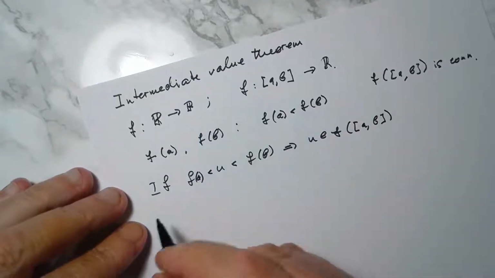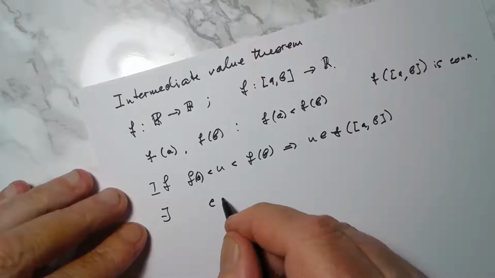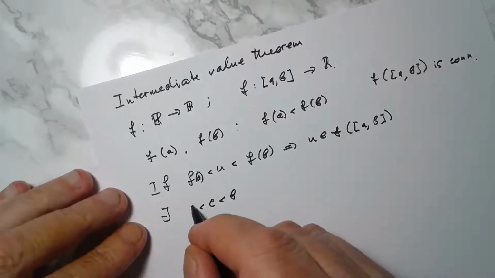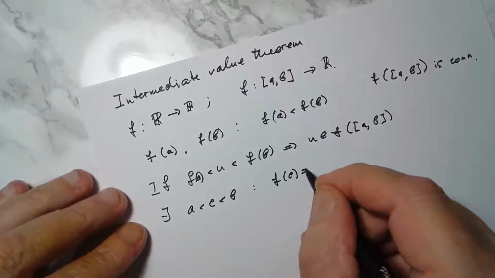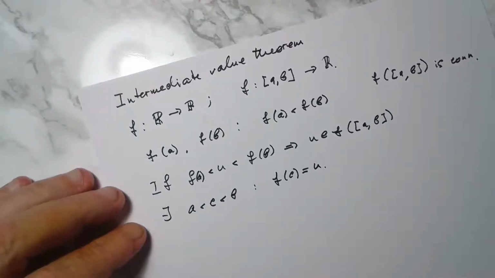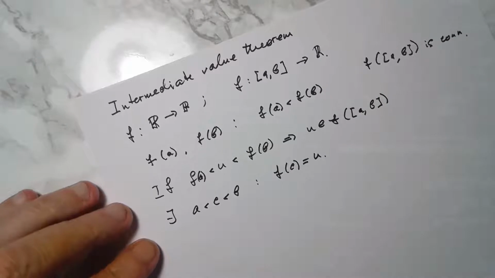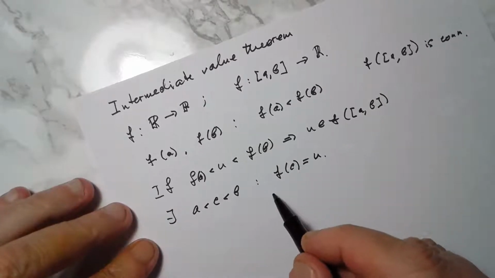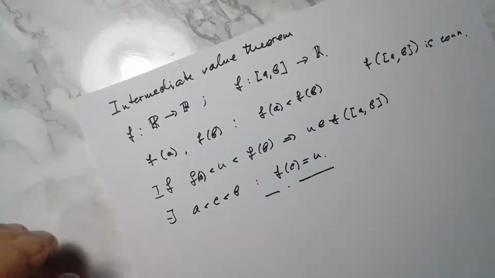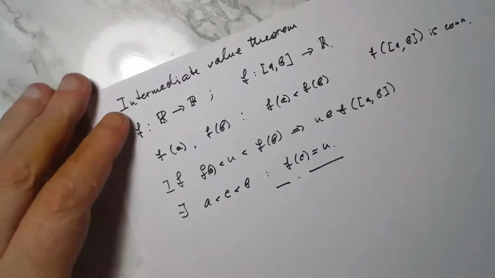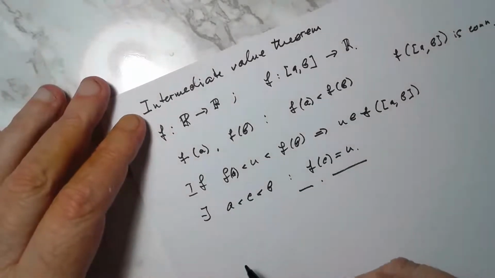And what that means is that there exists a C somewhere between A and B such that f of C is equal to U. This is precisely the intermediate value theorem, and now I want to say a few words about the intermediate value theorem. So for a second, let me go back to the very, very beginning of our discussion.